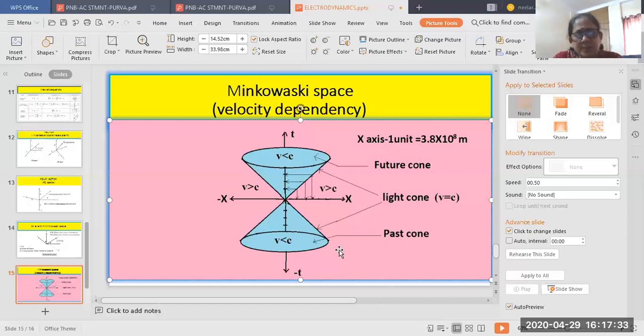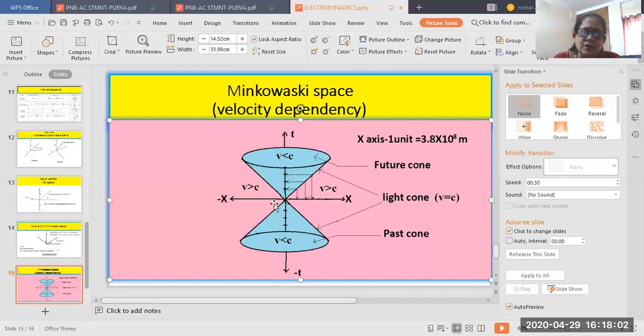Similarly, if there is a particle moving with velocity greater than the velocity of light, you can see here you have crossed this boundary. That means you have crossed the velocity of light. Then where will its locus fall? It may follow this path, this path, this path. Even on the negative side you can show, this will form another cone with a bigger vertex angle.